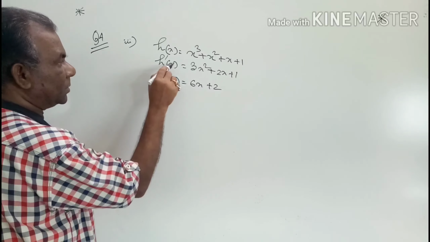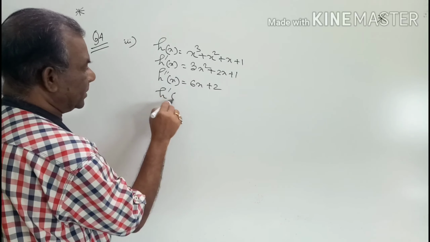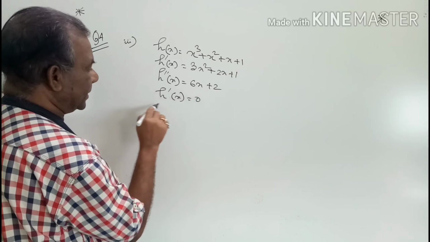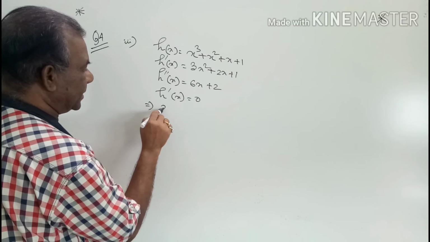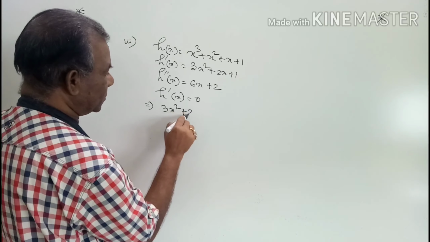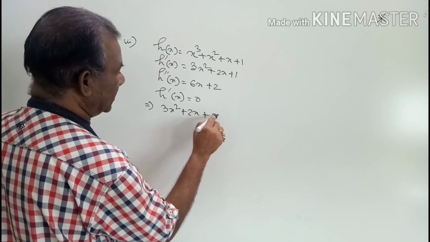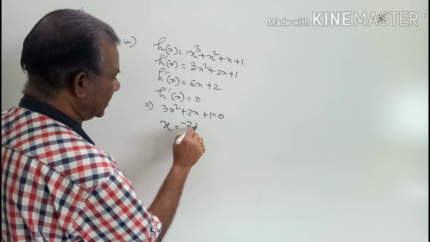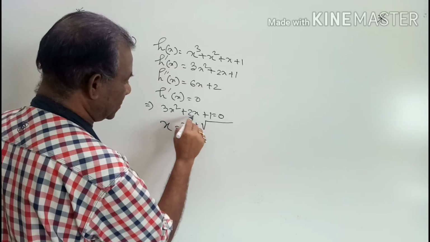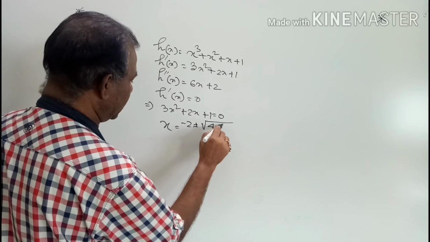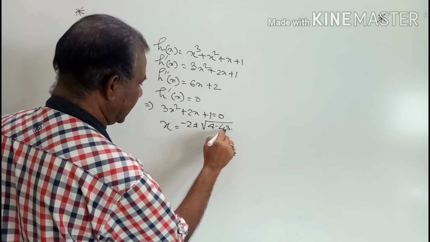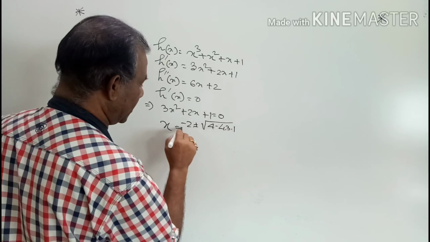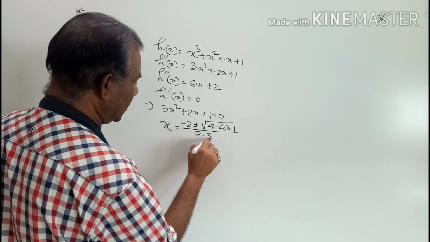For optimum solution, h dash x equal to 0. This implies 3x square plus 2x plus 1 equal to 0. So x is equal to minus b plus minus root over b square minus 4ac by 2a.